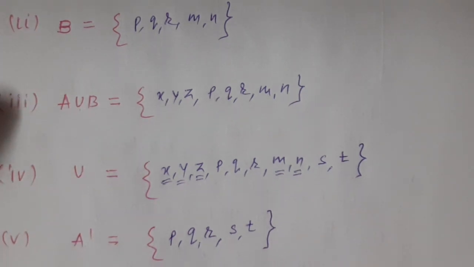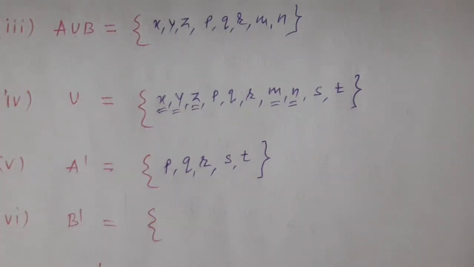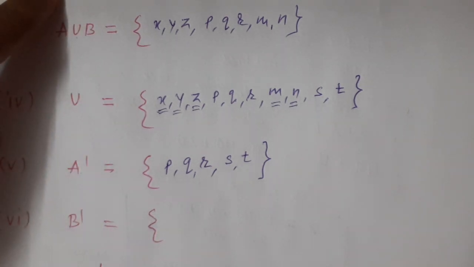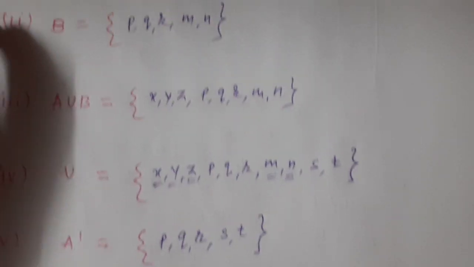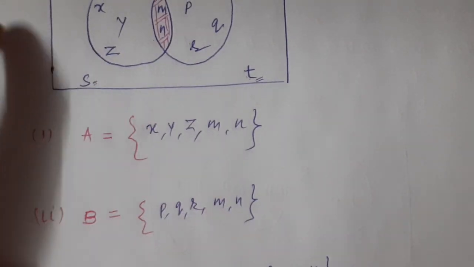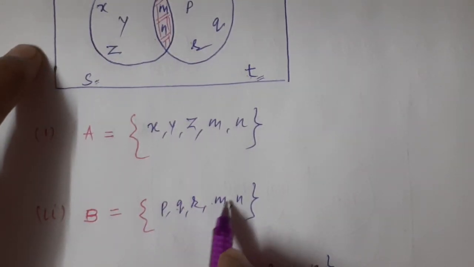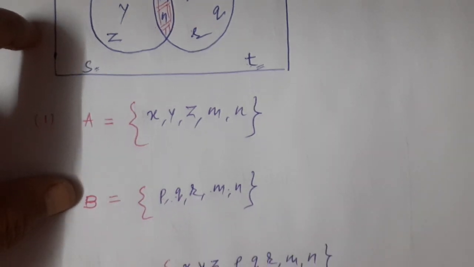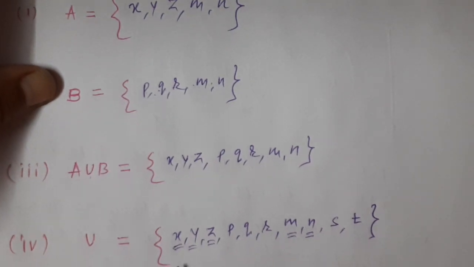Then you have to calculate B's complement, but before that you must know what the B set is. B set comprises of the elements P, Q, R, M, N. Except these elements, what elements are present in the universal set?